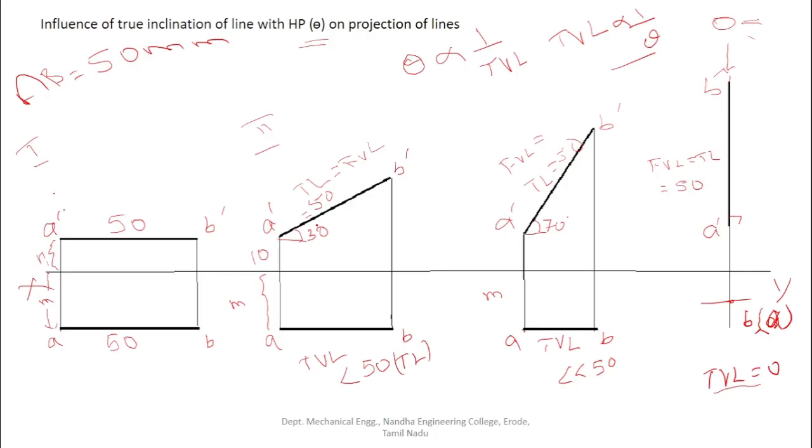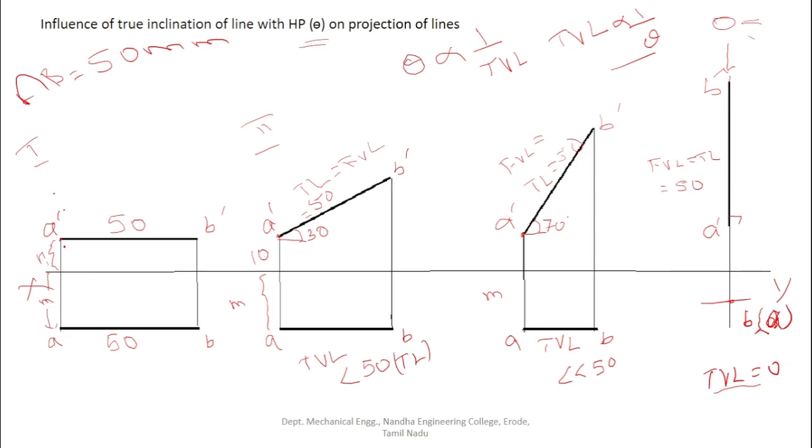First we have to fix the point A, then we have to rotate the point B till the line makes 30 degree to the HP. So normally we are going to fix the left end only, unless otherwise mentioned. So that one end is the left extreme end. Depending upon the orientation, we are going to rotate the object by using the other end till it satisfies the given question.